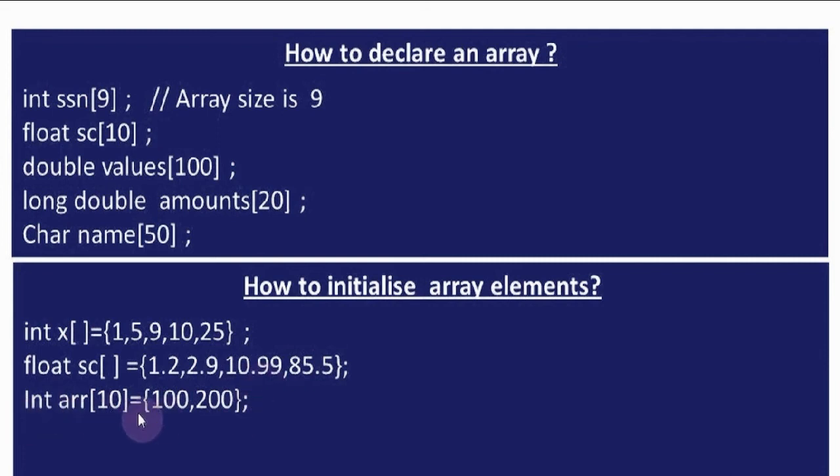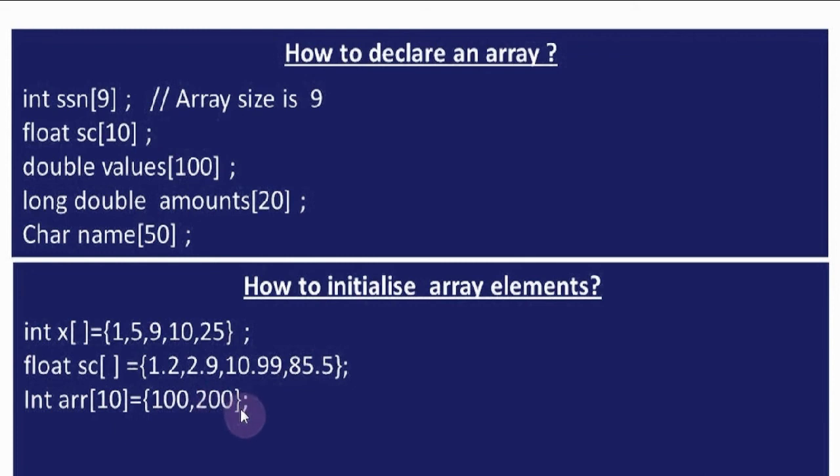Now in this third case, I have declared an array called arr, the size of which is 10, but see carefully, even though mentioning the size was optional, this time I have given the size at the time of initialization of array elements. The size is 10, but I have given only 2 values. What will happen is, the first array element, arr[0], will be assigned the value 100. The second element, arr[1], will be assigned the value 200.